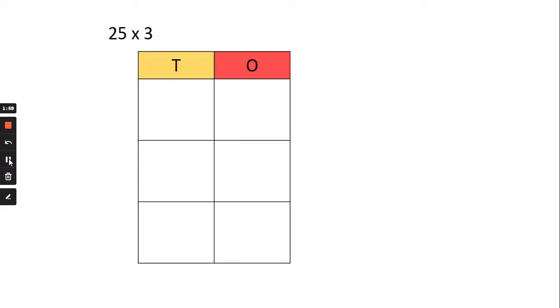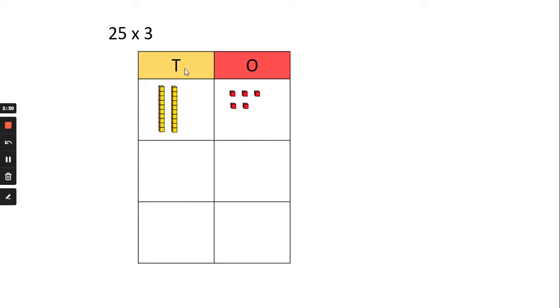We also looked at using Dienes blocks in a place value chart to calculate our multiplications. So we have the multiplication 25 times 3. I would draw this in my place value chart using my Dienes counters. 2 strips of 10, so I've got 2 10s and 5 1s.